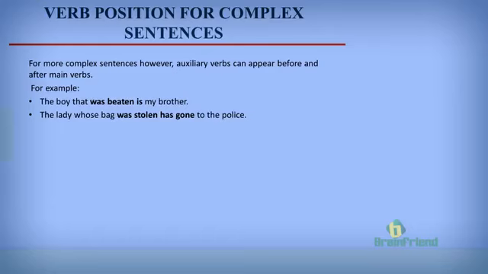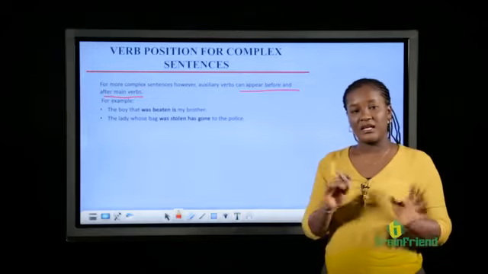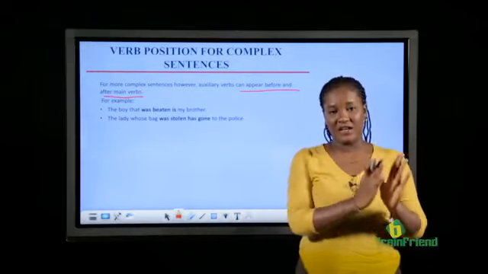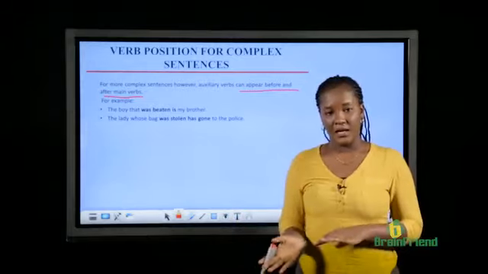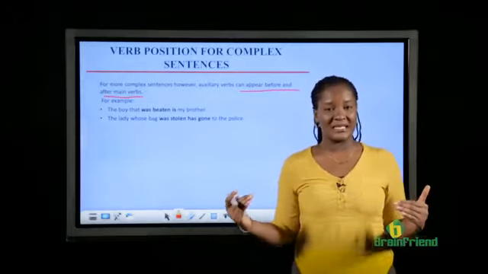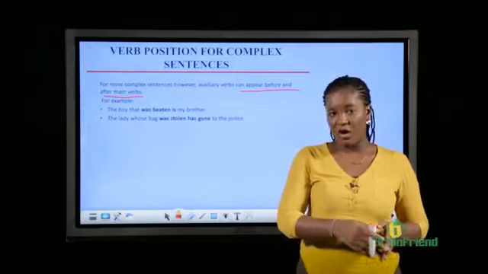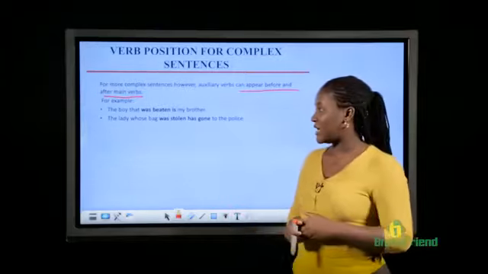Now, for more complex sentences, however, we find that auxiliary verbs can appear before and after main verbs. Remember we said earlier that for three-worded or two-worded verbs, we have auxiliary verbs before main verbs. But in more complex sentences, we can have auxiliary verbs appearing before or after the main verb.